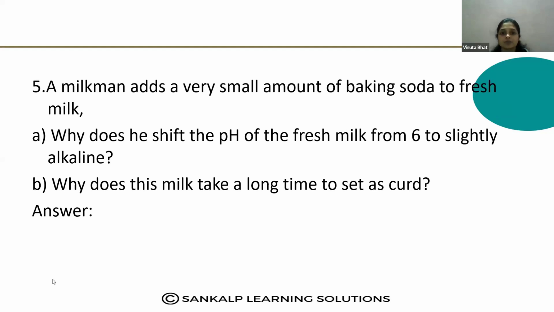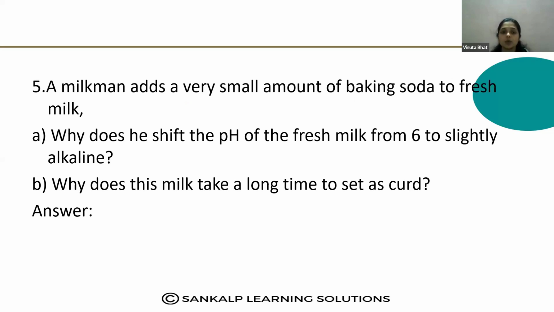Here, a milkman adds a very small amount of baking soda to the milk. You know that the pH of milk is slightly acidic, around 6. So when he adds the baking soda, it will remain basic, which means it is not able to convert into acid, and so not able to convert into curd.